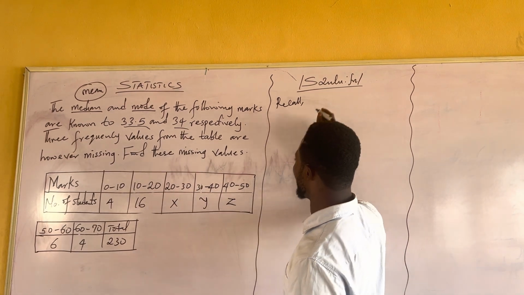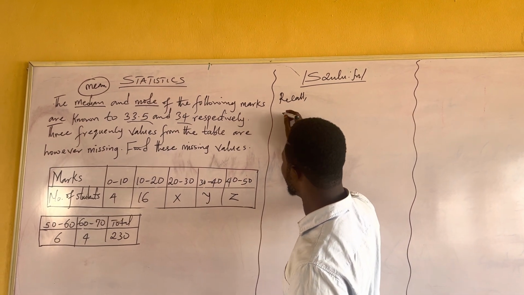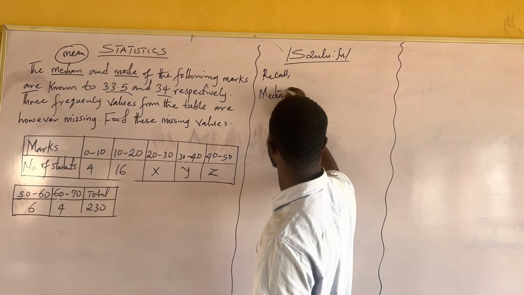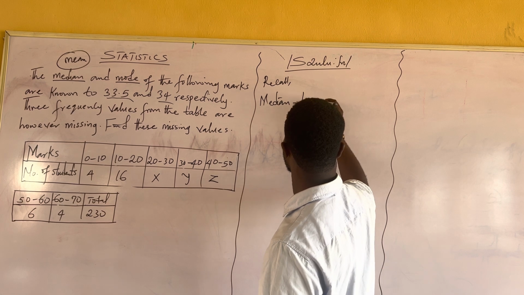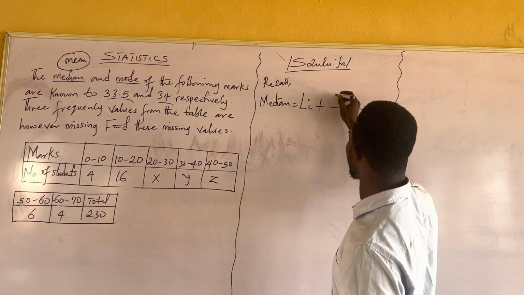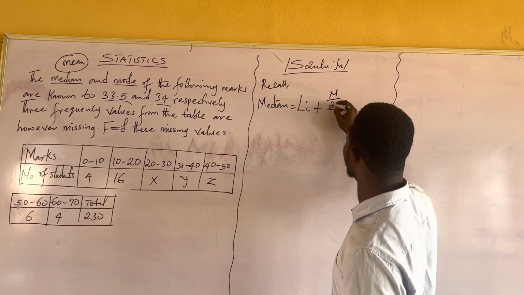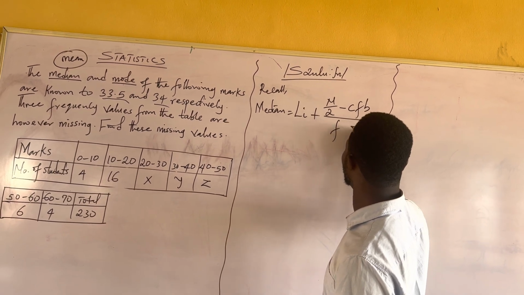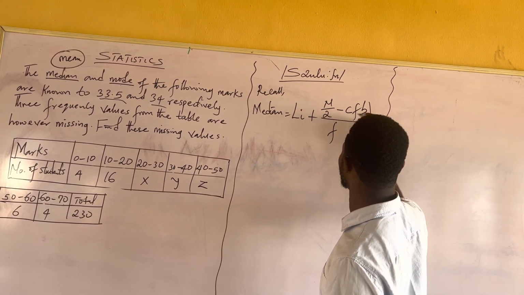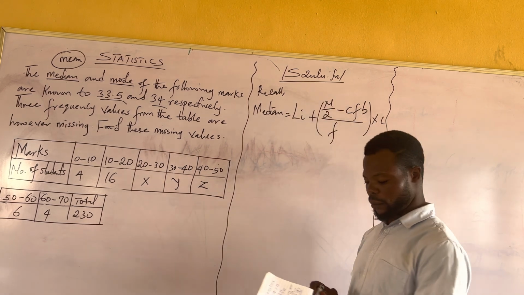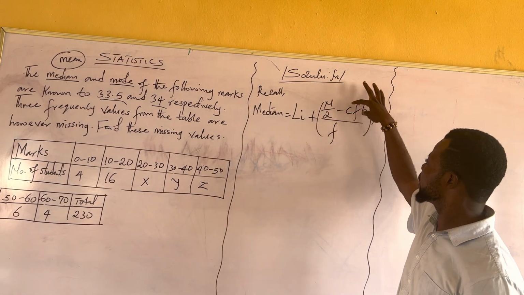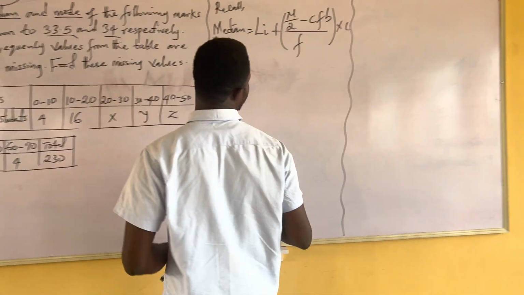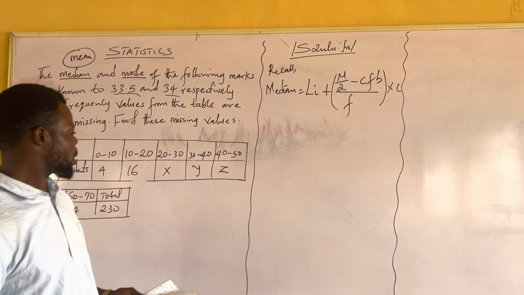So what do we do here? The formula for median is equal to Li plus N over 2 minus CFB all over F times C. CFB stands for cumulative frequency before the median class.